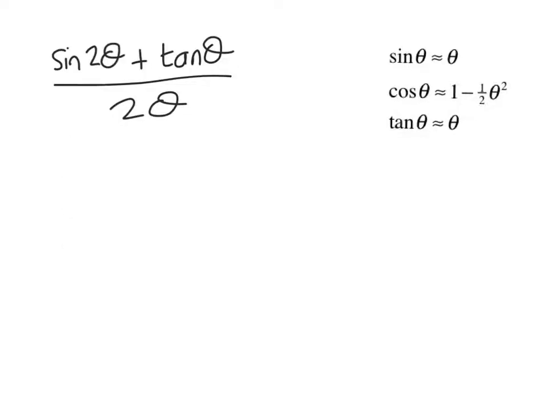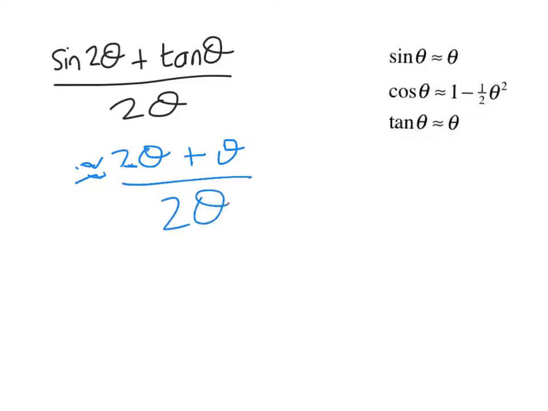Let's look at an example here. This is from the Pearson textbook. So we've got sine 2 theta. That's going to be about 2 theta, because sine theta is about theta. So sine 2 theta is about 2 theta. Plus tan theta, that's going to be about theta, all over 2 theta.